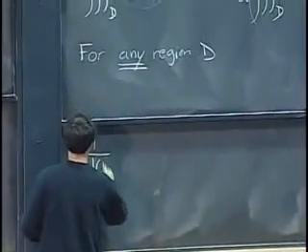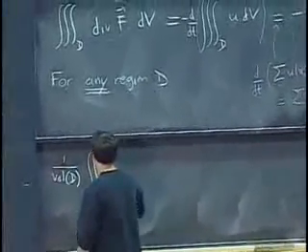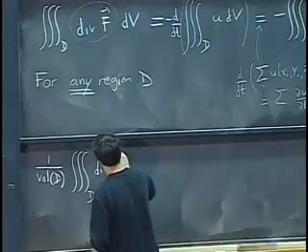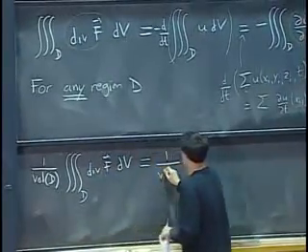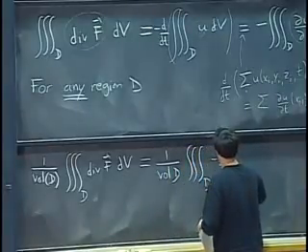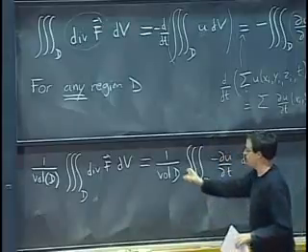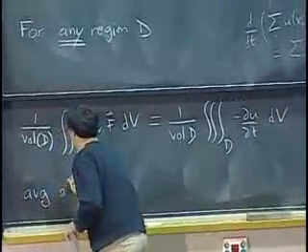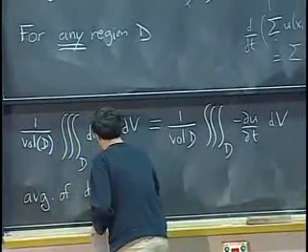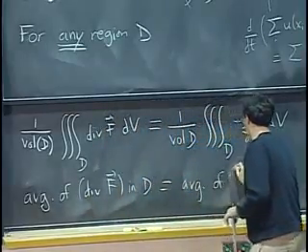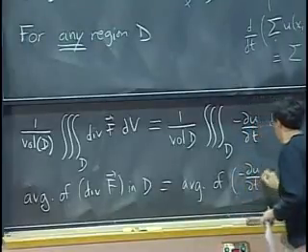Let me divide by the volume of D. So 1 over volume of D times the integral of div f is the same thing as 1 over volume of D times the integral of negative ∂u/∂t dV. So that means the average of div f in D is equal to the average of minus ∂u/∂t in D.